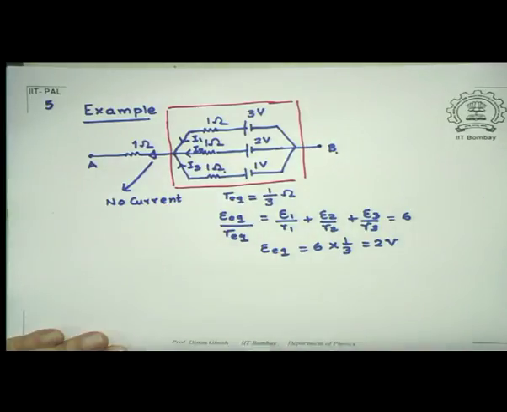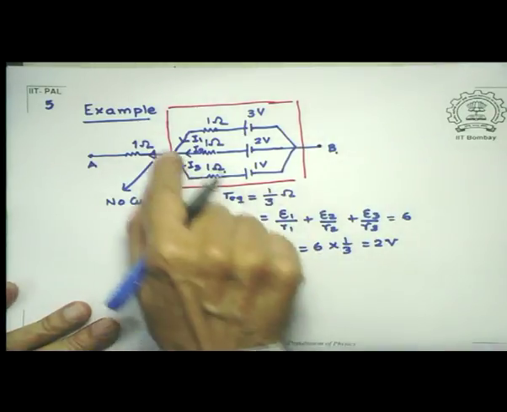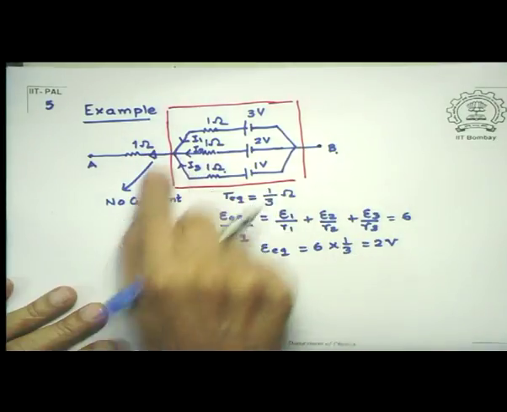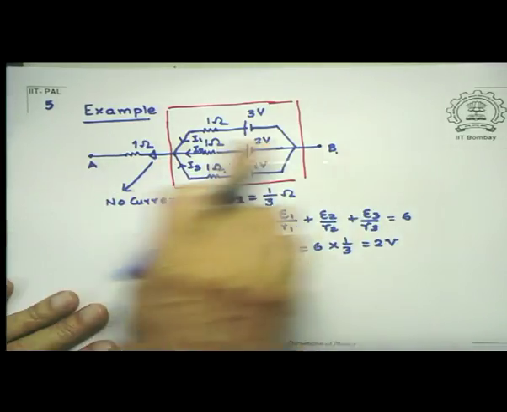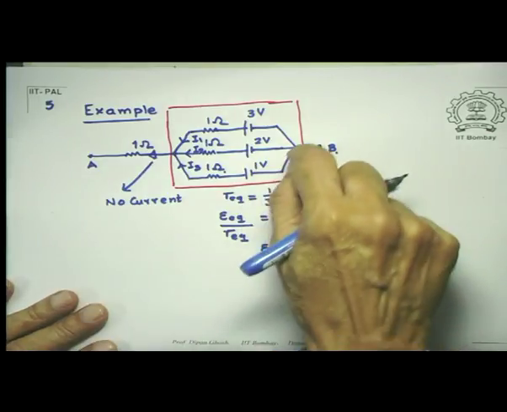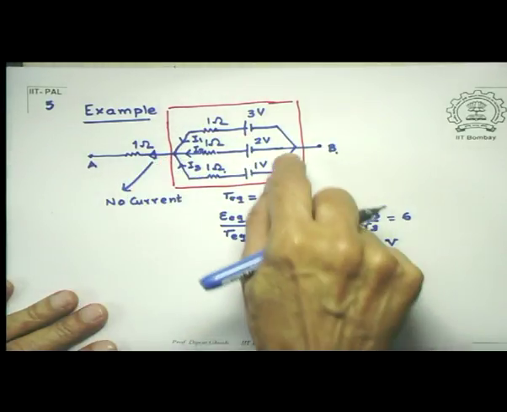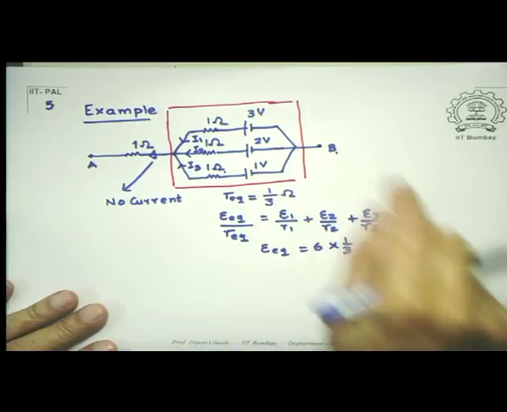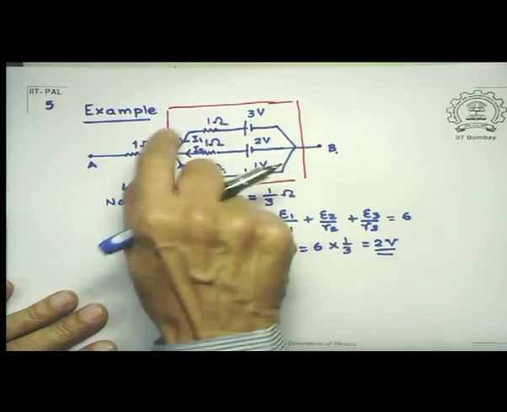Now we can actually check how does it work. See, the way to do it is the following, that suppose I come from here to there. So we have already worked out the potential difference between A and B is 2 volts. And so therefore if I start from here, go along this path, then I notice that I start from 3 volts minus 1 into I1.